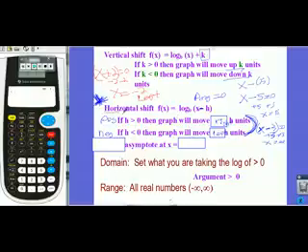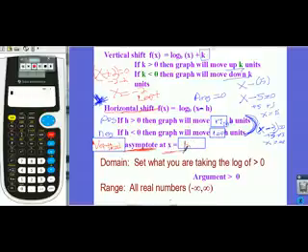Because my horizontal shift controls my asymptote, and it moves it away from the y-axis because it is a vertical asymptote, a vertical asymptote at the line x equals h.